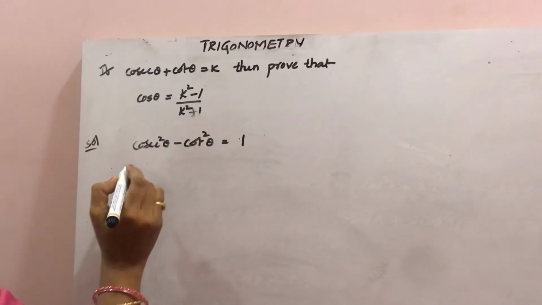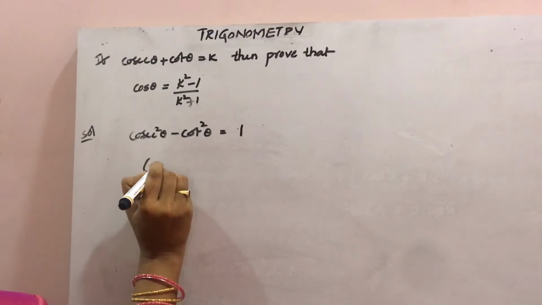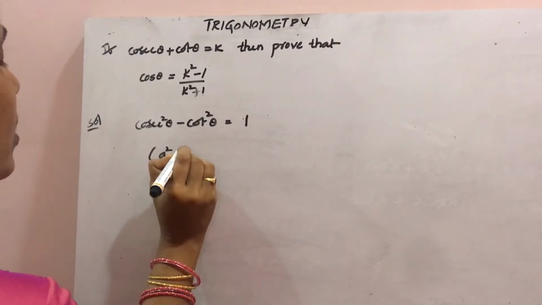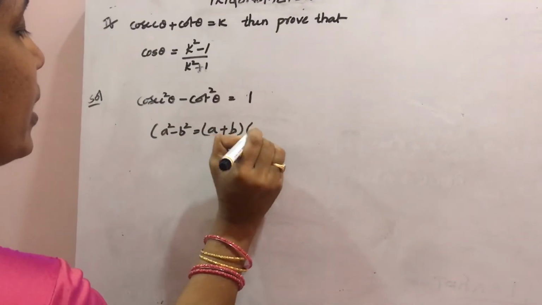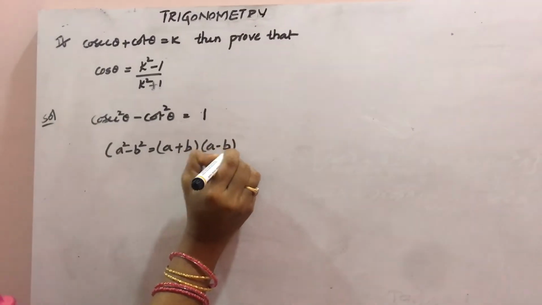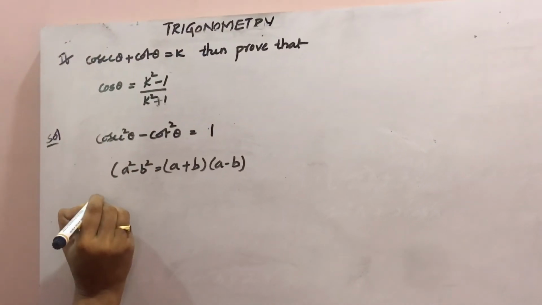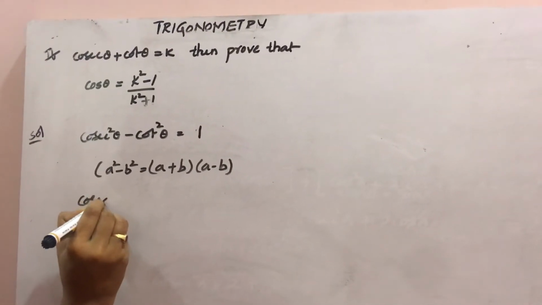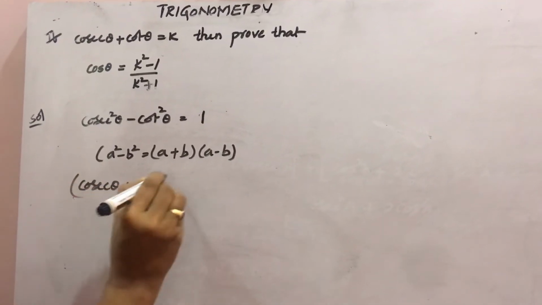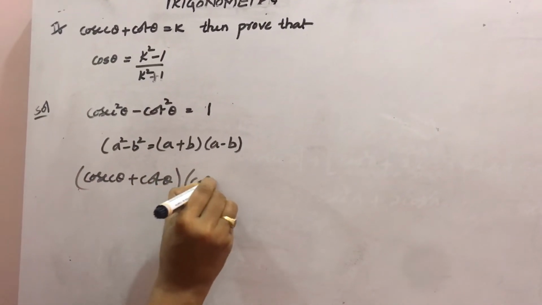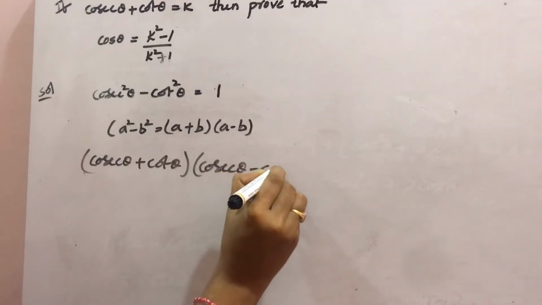This is in the form of a square minus b square. What is the formula? a square minus b square is equal to, algebraical identity, (a plus b) into (a minus b). See here, this can be split like this: (cosec theta plus cot theta) into (cosec theta minus cot theta) is equal to 1.